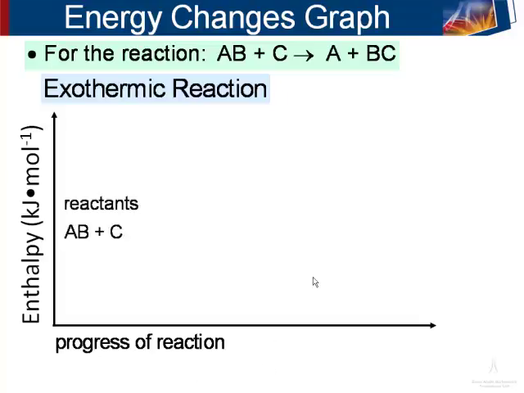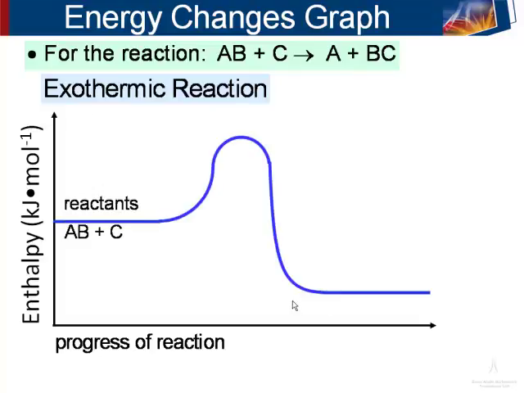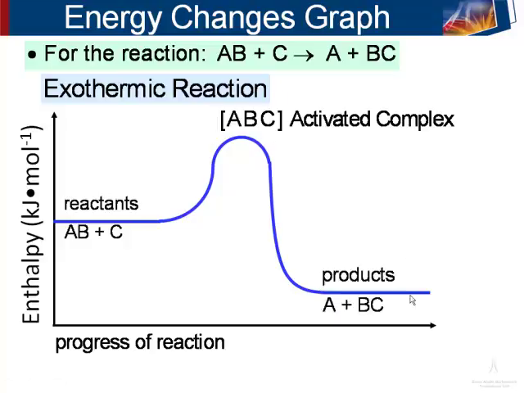For an exothermic reaction, we get a shape like that one, and that would be the enthalpy of the reactants. The reaction will proceed as follows, and we get to this point here, and that is where our activated complex would be. And at the bottom here, we then get the enthalpy of the products.